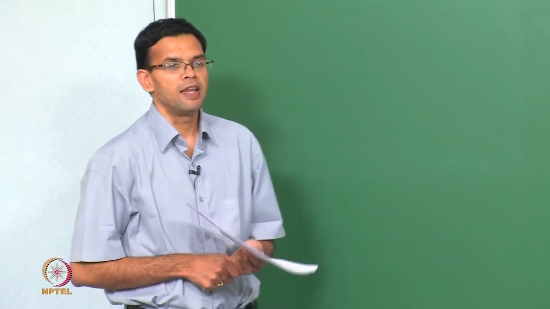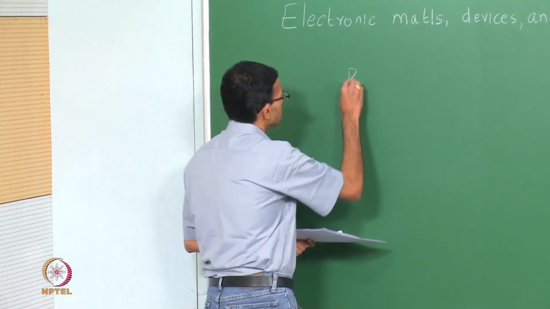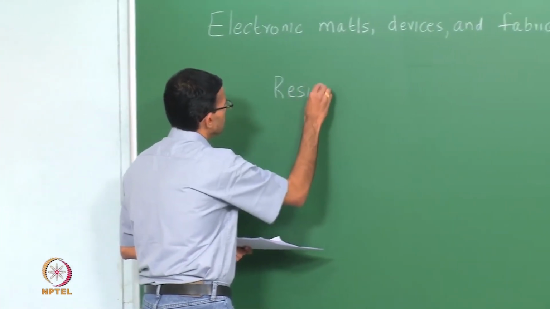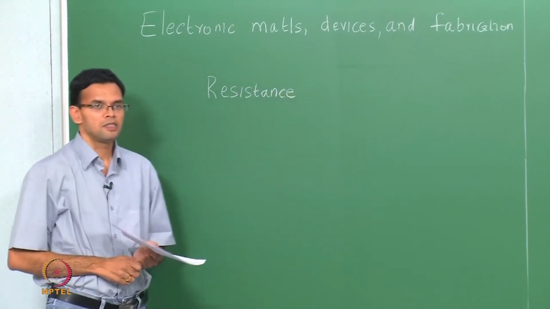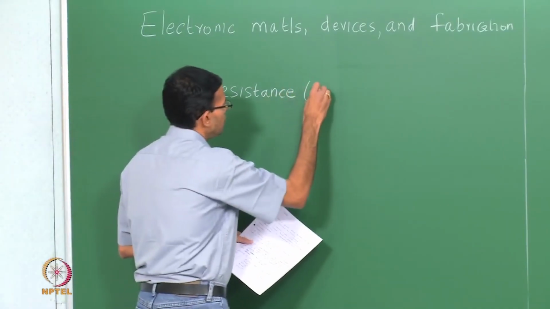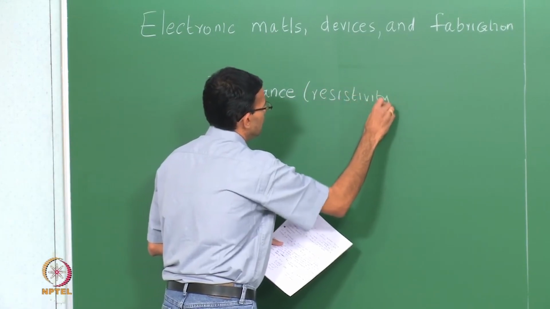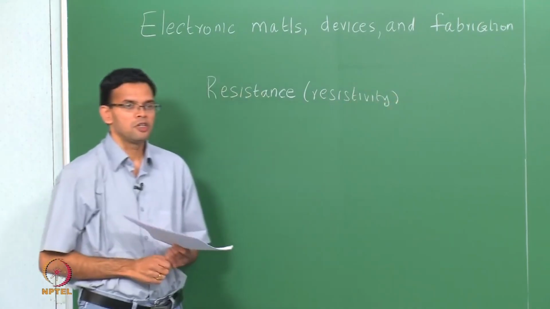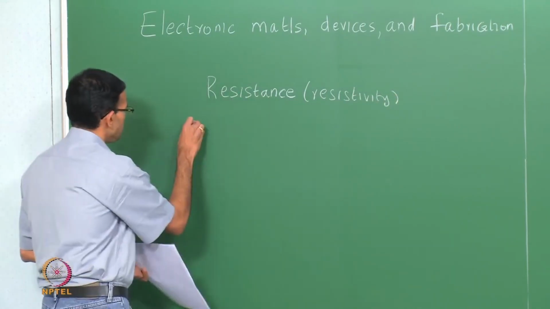When we think of electronic materials, the first property that comes to mind is resistance. Resistance or resistivity, if you will, can be used in order to separate materials into three categories.